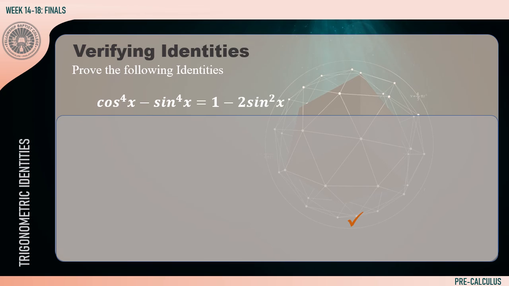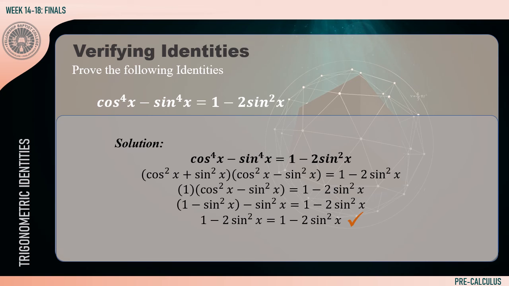Okay, another one. Cosine to the fourth x minus sine to the fourth x is equal to 1 minus 2 sine squared x. Okay, we have given sa aton raised to the fourth ang cosine kag sine. So, masapos kung imo ni siya i-factor out. So, this is a difference of perfect squares, a to the fourth minus b to the fourth.